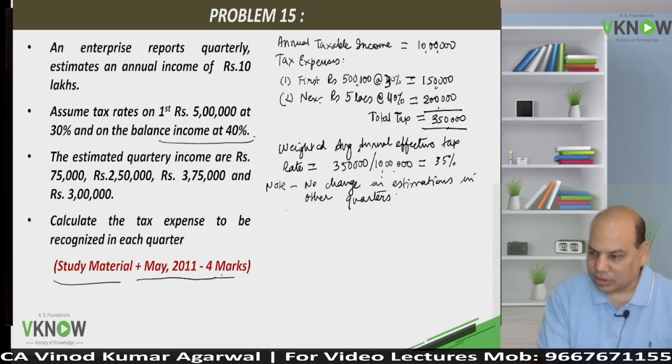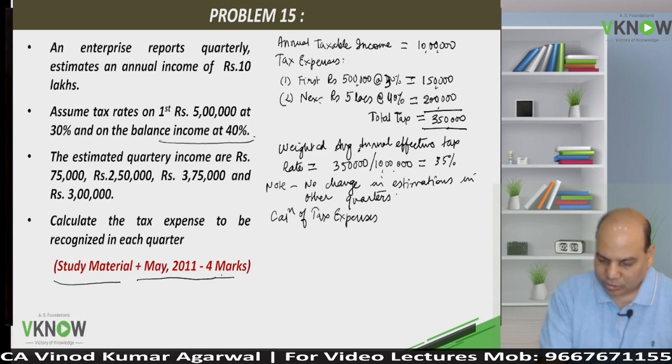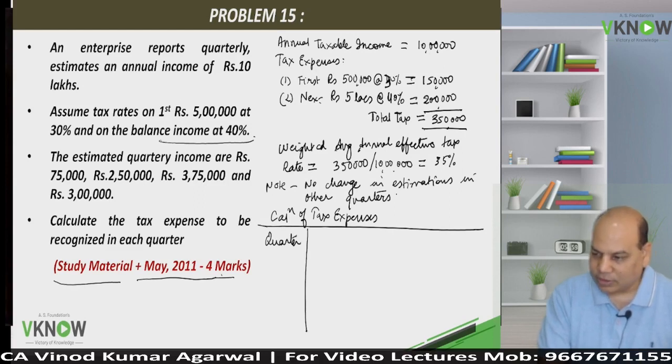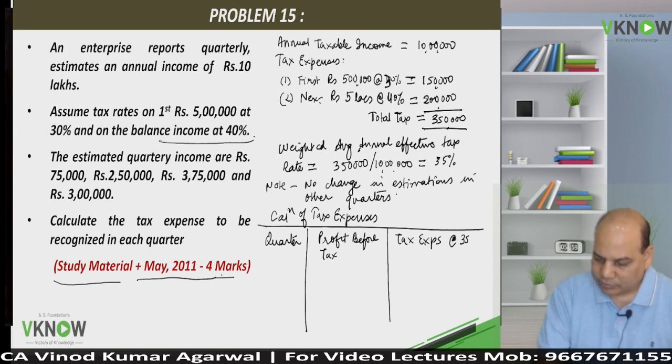Now the next main task is calculation of tax expense for each quarter. So this is quarter, then you will write profit before tax, and then you will write tax expense at the rate of 35%.